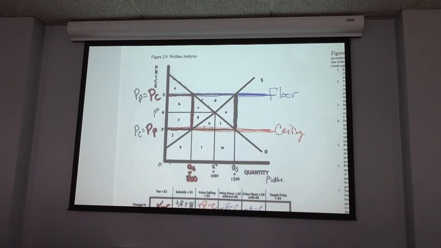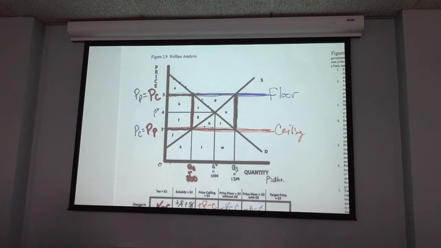Number one, government sets the target price. Let's call that PT. And we're going to just put the target price equal to $5 for this problem.